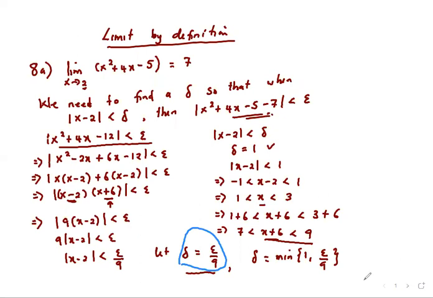Yes, the same one. These conditions are given where you have said the absolute value of x minus 2 is less than this one. Yeah, where you are pointing. Yes, this one.